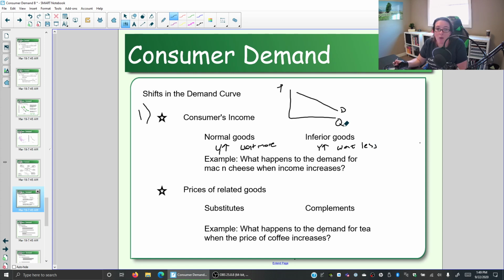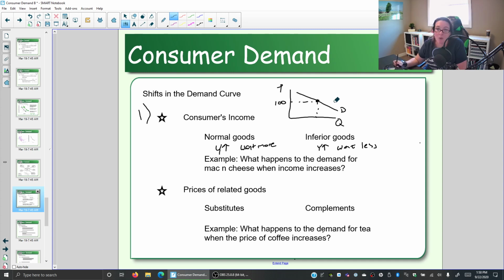Let's look at a normal good. Okay, so restaurant meals. Let's say normally when you go out, you and your friends, you spend $100, and there's a certain number of times you go out to eat in a month. Well, if your income goes up, what happens? Well, at $100 for you and your family or friends to eat, the amount of times that you're willing to go out is going to be higher.